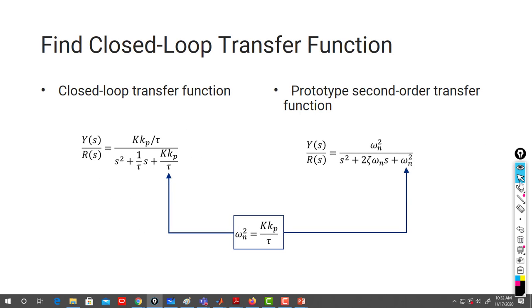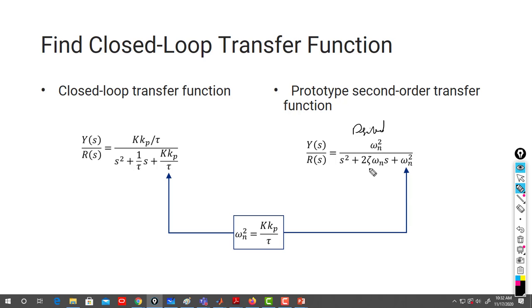Then how do I find my kp to satisfy some desired value? Simply, you check output over input, here they call it y over r, and then you compare it with your desired transfer function, because you have a desired omega n and a desired zeta.